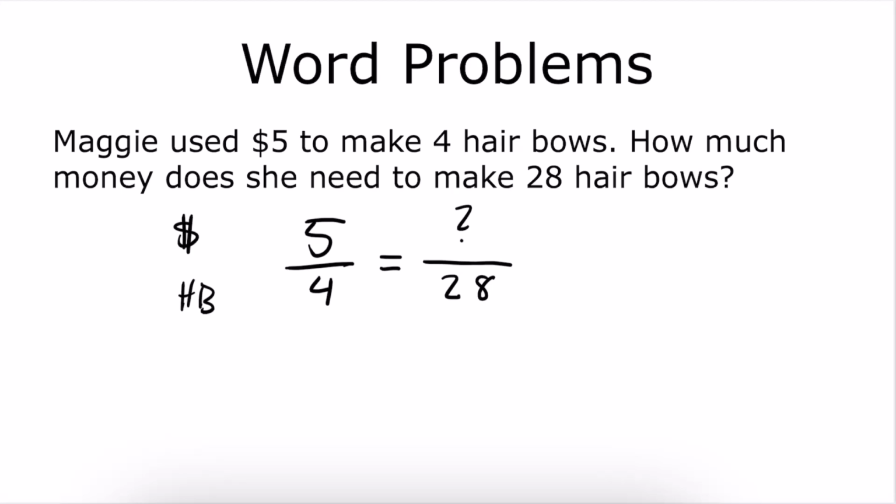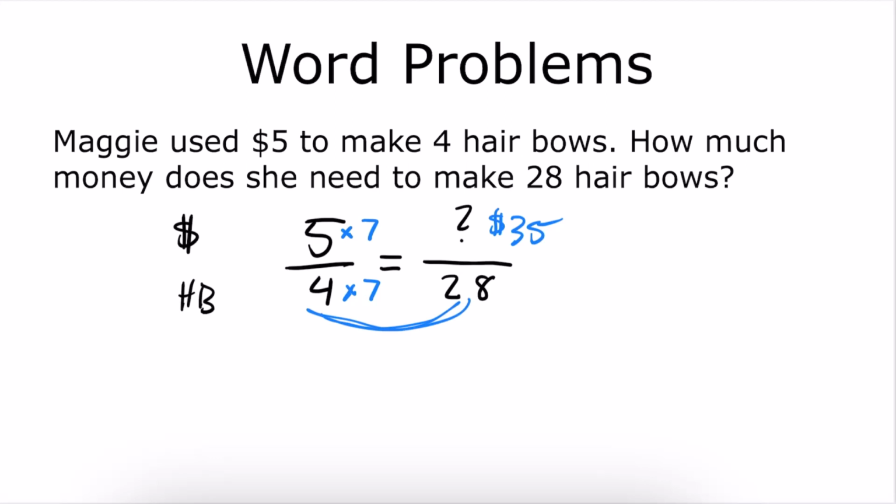And so since 4 times 7 equals 28, I could do $5 times 7 to find out that I need $35 to make 28 hair bows. So this is one way that you can solve proportional word problems. And it's probably the easiest way for your students to solve them if these numbers are multiples of each other or factors of each other.